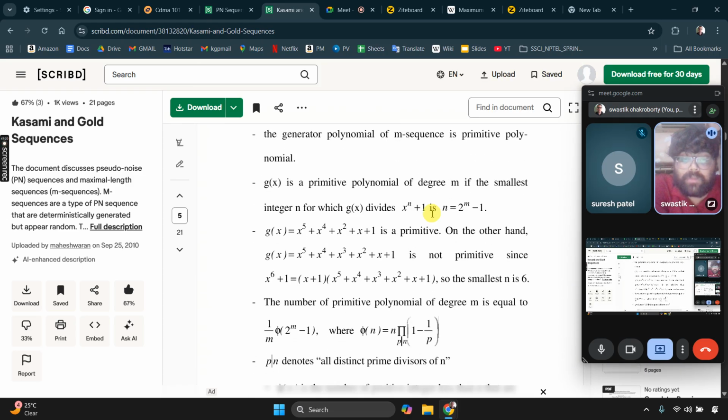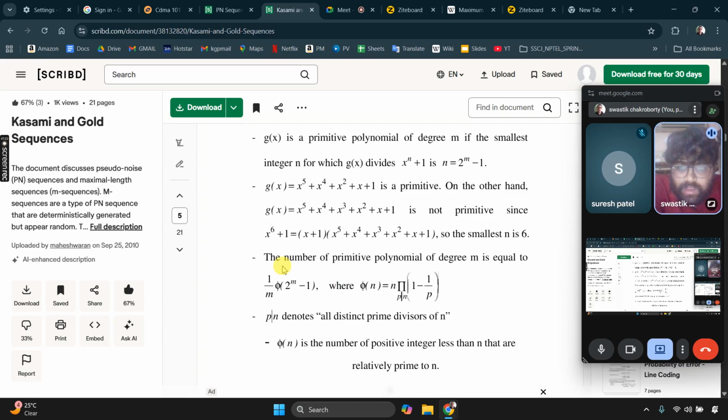the number of primitive polynomials is 1 by m phi of 2 to the power m minus 1, where phi is defined as n into the product of 1 minus 1 by p. So the number of primitive polynomials of degree m, that is the number of shift registers, is equal to 1 by m phi of 2 to the power m minus 1, where phi is a function defined as n into the product of 1 minus 1 by p.